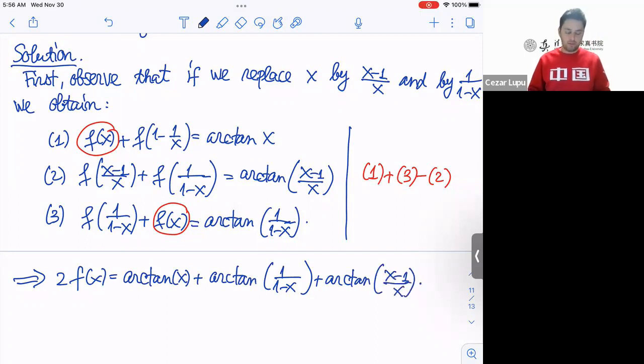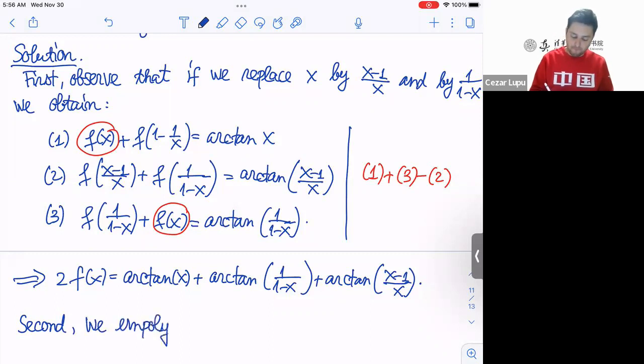All right, that's beautiful. And now you see we have a bunch of arctangents here, but maybe we can reduce it a bit further. So second, we need to observe the following. We employed the following identity.